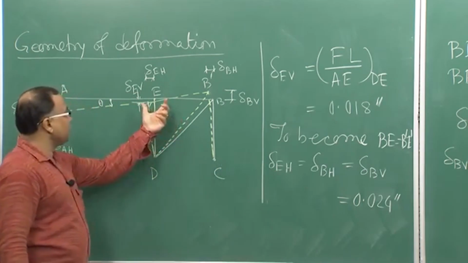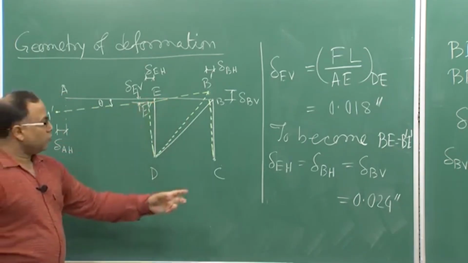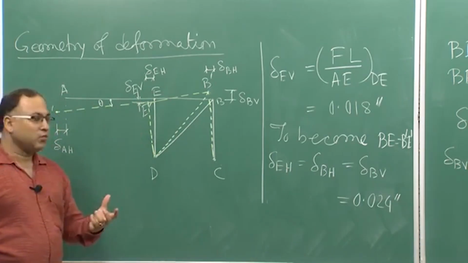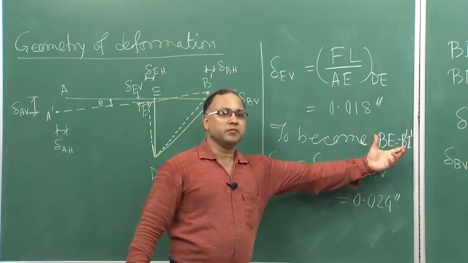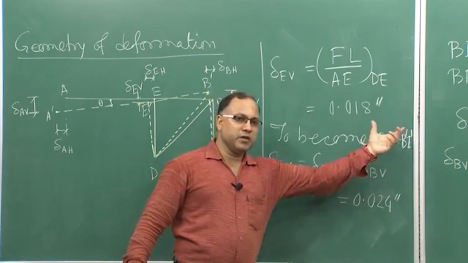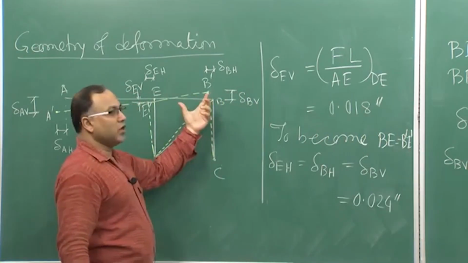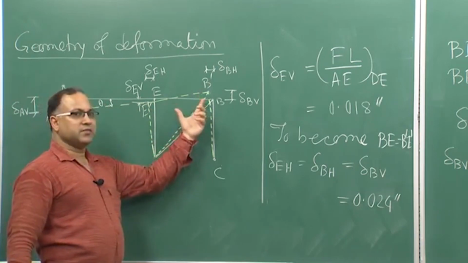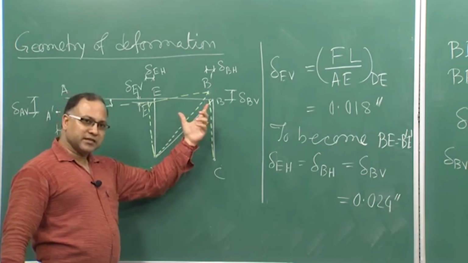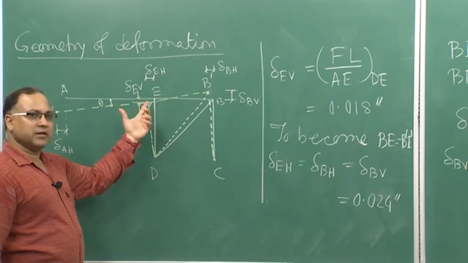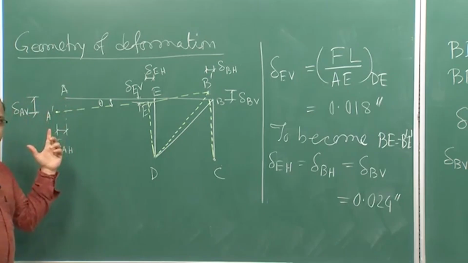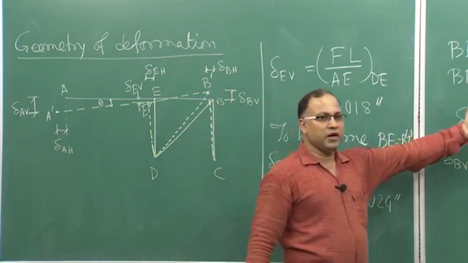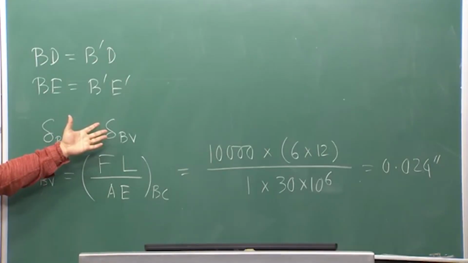That is the horizontal movement of point E. What is delta BH? That is the horizontal movement of point B. They must be equal, otherwise you will not get BE equal to B prime E prime. So the same amount of horizontal movement should happen in the member AB. The amount of horizontal displacement the B point experiences, the same amount E point should experience, and A point also. And of course delta BH must be equal to delta BV, already established from the geometric compatibility.